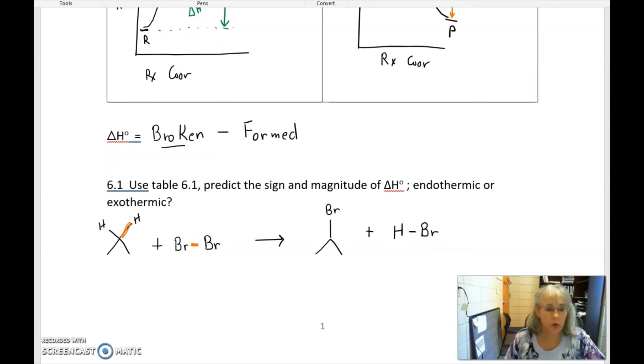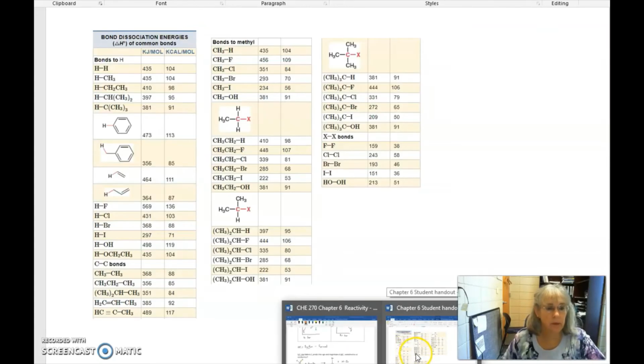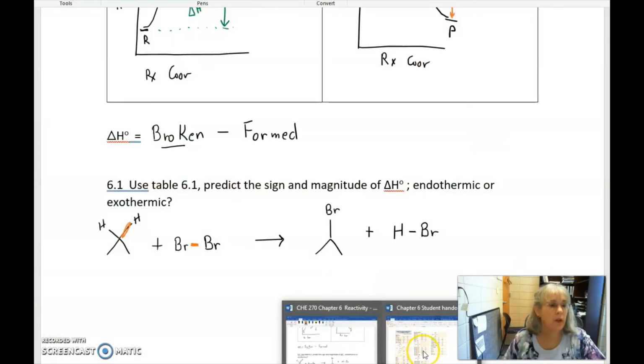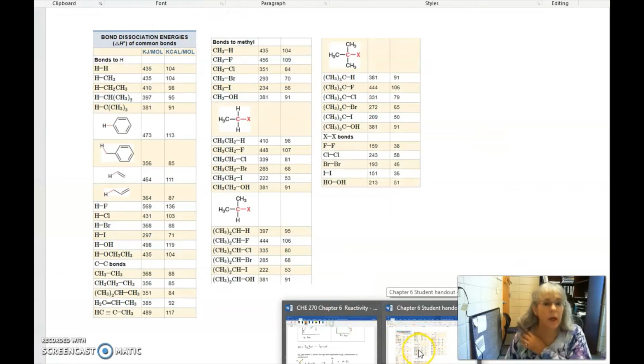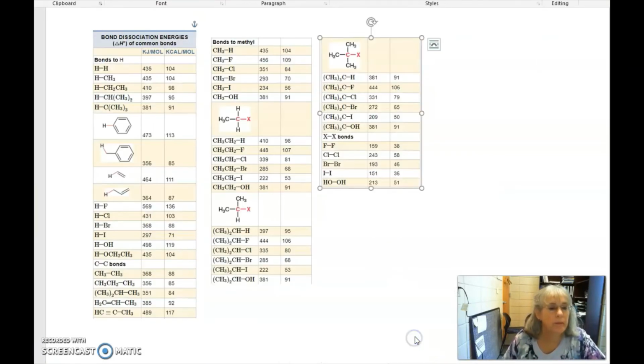And we can go to our table and find those bonds. So we've broken a bromine-bromine bond, and that is, I should have looked this up ahead of time.